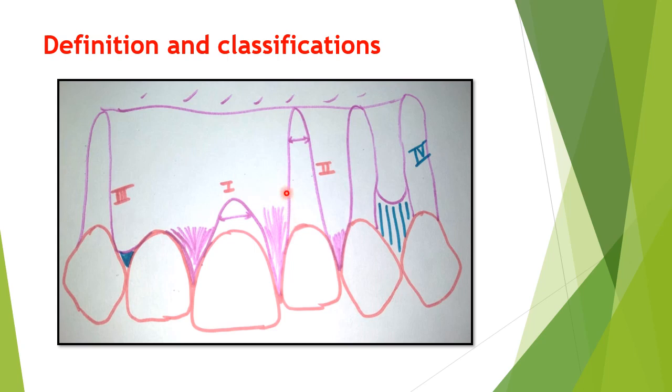According to Miller, class 2 is when the recession reaches the mucogingival junction and there is no interdental bone loss and soft tissue loss. That means the interdental papilla and interdental bone are intact. Third is when there is mild interdental bone loss and the recession has reached the mucogingival junction. And fourth, when there is severe interdental bone loss and the recession is approaching the mucogingival junction.